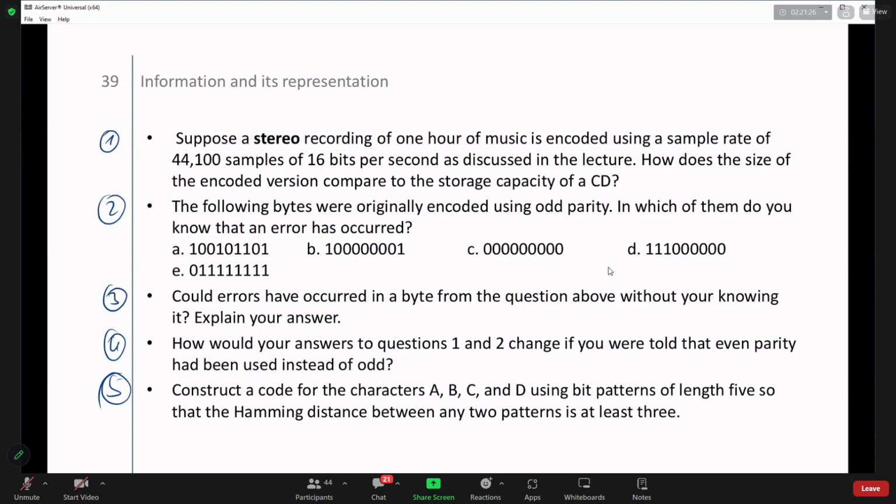And why? Because it checks only odd parity patterns. So if there is an even parity, which is wrong, it will not know.